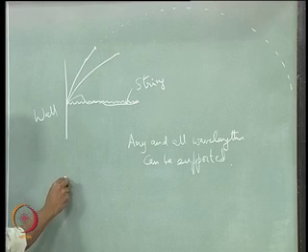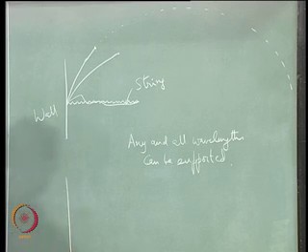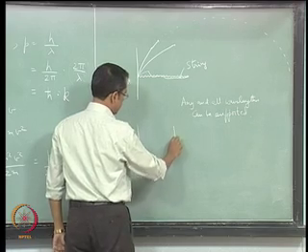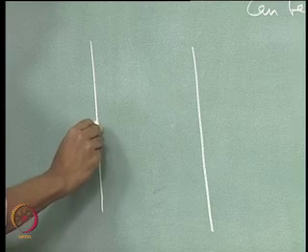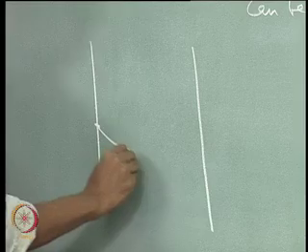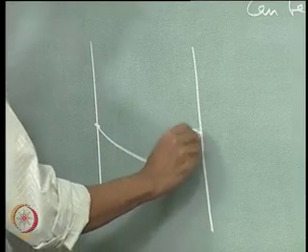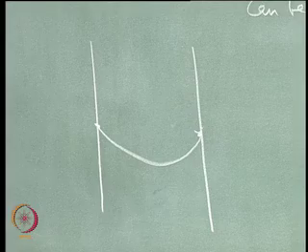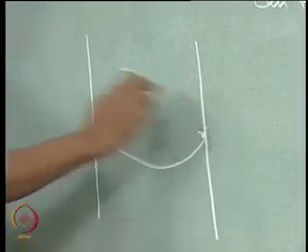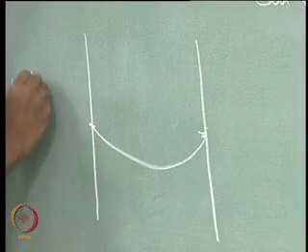Now we will take another string. Okay, so now let us say that it is tied at two locations on two walls.